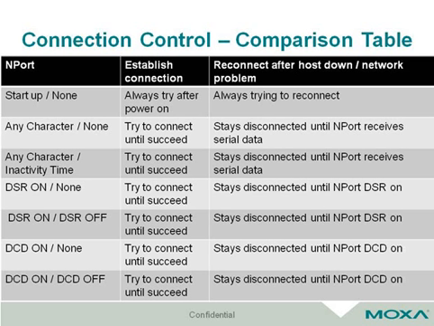For others, once the trigger event occurs, Nport will try to establish the connection until it succeeds. If the TCP connection is broken due to host down or network problem, with startup none, Nport will try to reconnect again and again. But for the rest, Nport will stay disconnected until a trigger event occurs.